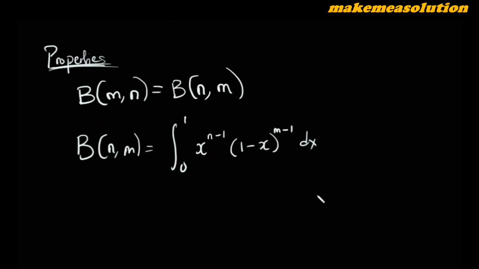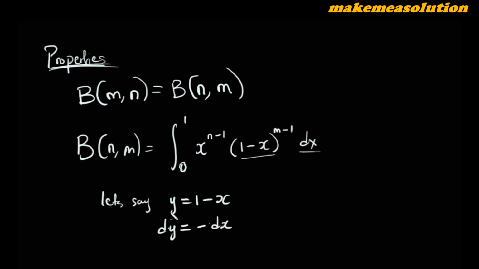So the reason why I said they are similar is because, let's say we put y equal to 1 minus x. You replace this particular place with y. So if you replace this place with y, what do you observe will happen to your integral? What will happen to the boundaries of the integral, and what will happen to the variable of integration? So quickly, dy will be equal to minus dx.